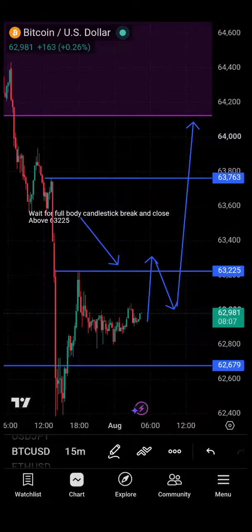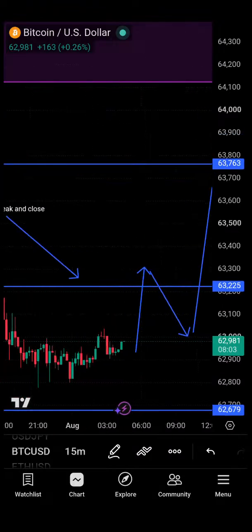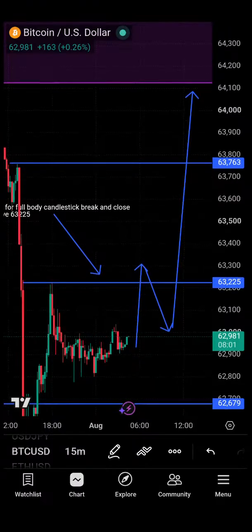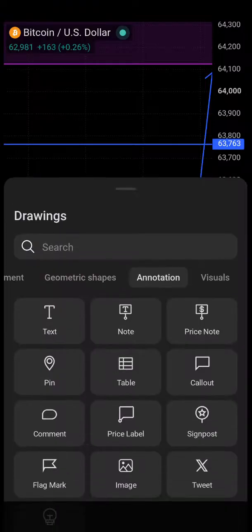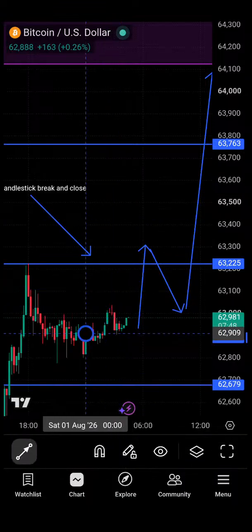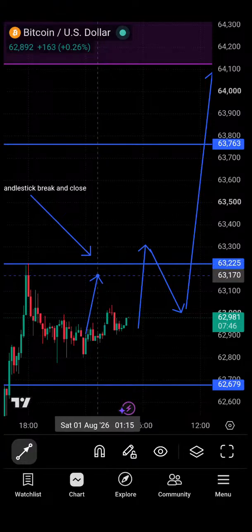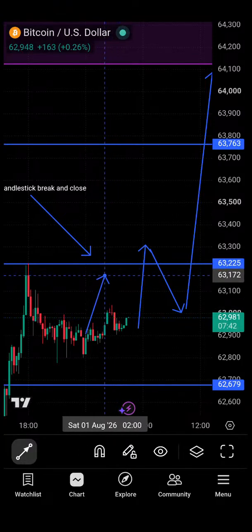Okay. But for now, I'll wait. I know there are those that already took a buy, and their first target is this area right here. They've already taken a buy from here and they're targeting this area.